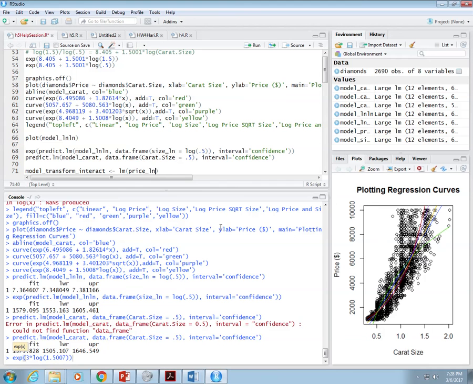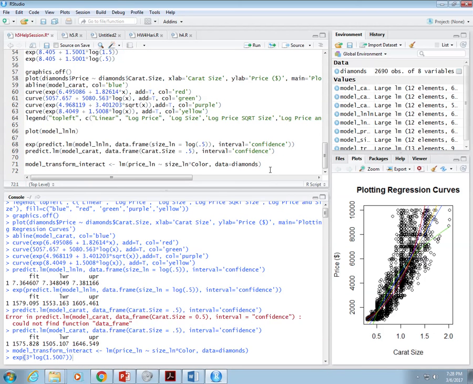Price ln as a function of size ln interacted with color. And notice you don't have to do the adding. Whenever you do an interaction, it'll always include the lower terms. So we run this, and we look at it.